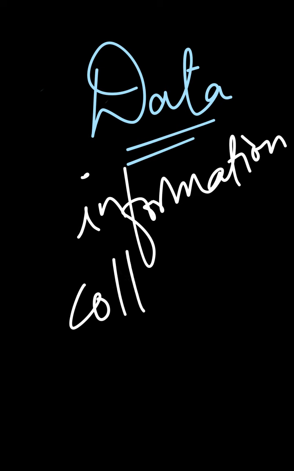Or else you have one more definition: collection of information is data. In all such cases, that is called data. Collection of information, that's all. You should remember this point, very important point.